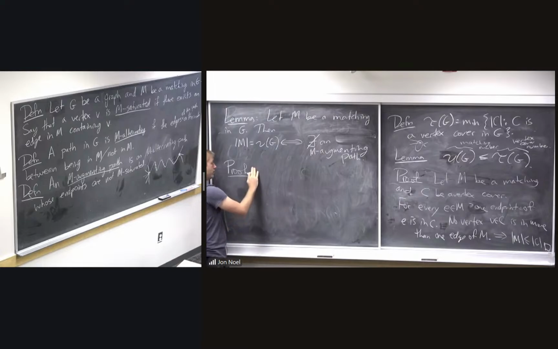Okay, so here's the proof. One direction's easy. If there is an augmenting path, we just do what I said over there and switch the edges on the path, and it'll get bigger.